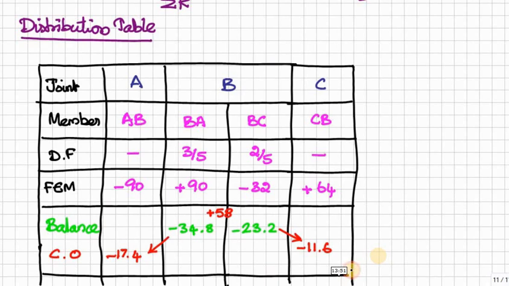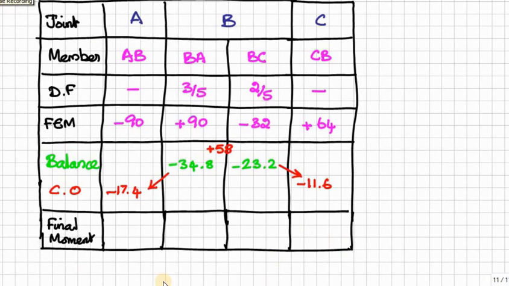But support B is interior support. We have to look at whether any carryover from other joints. In this problem, there is no carryover here. Therefore, in the balance step itself, the joint B is in equilibrium condition. That is balanced. So we can stop the iterative process and we can calculate the final moment.